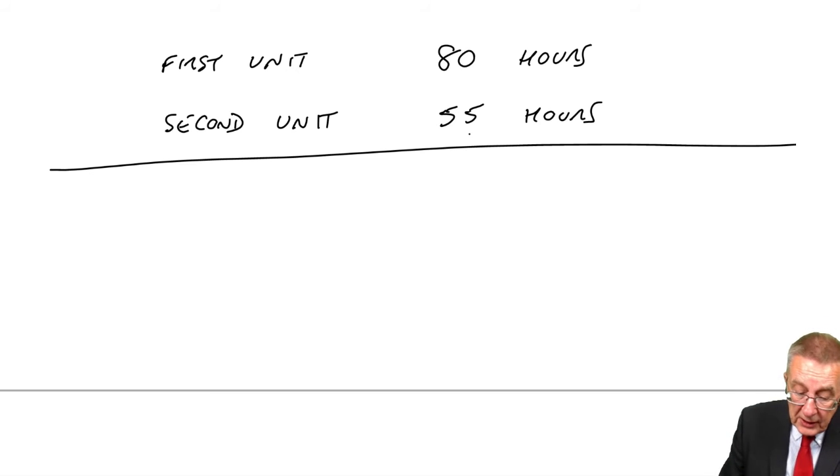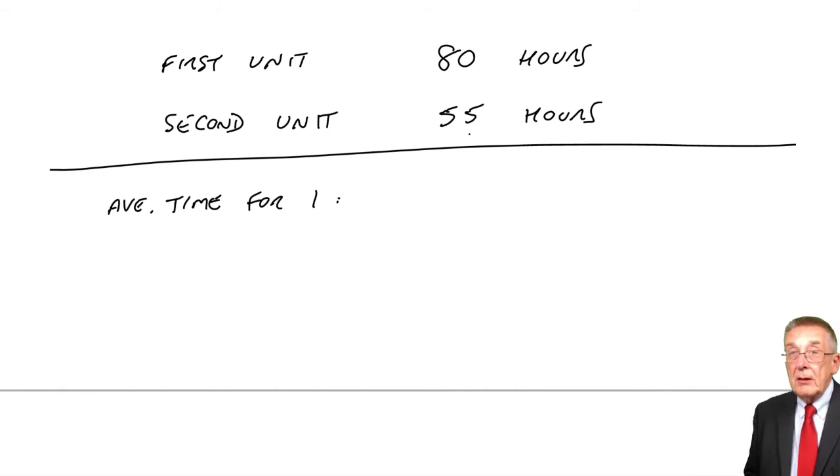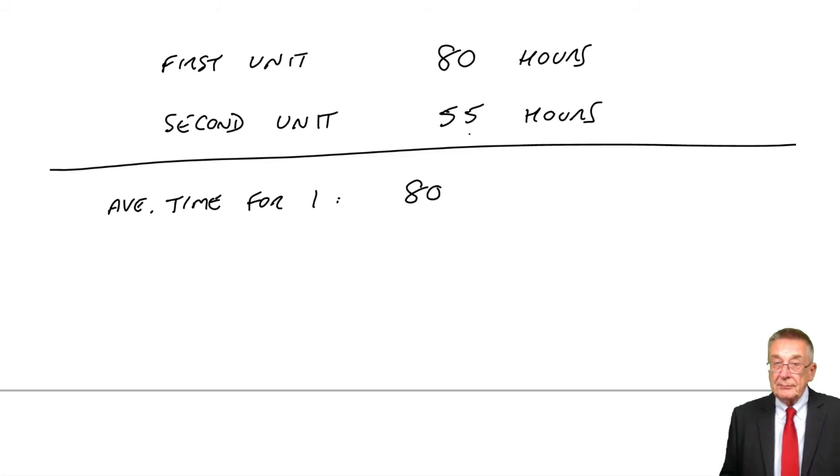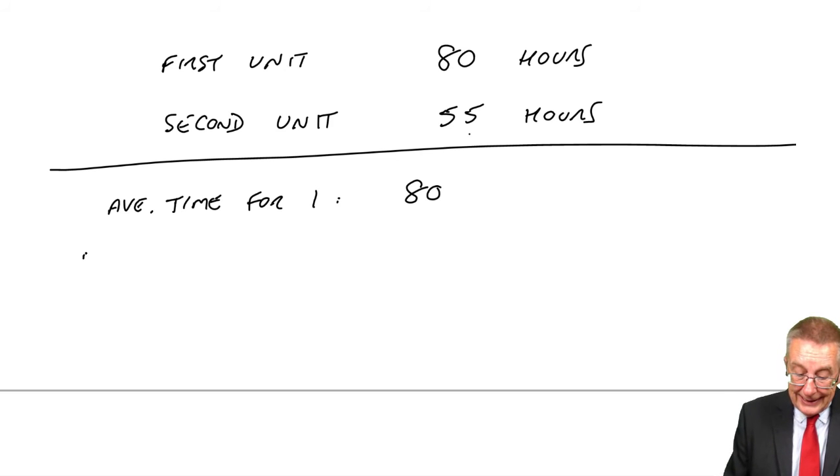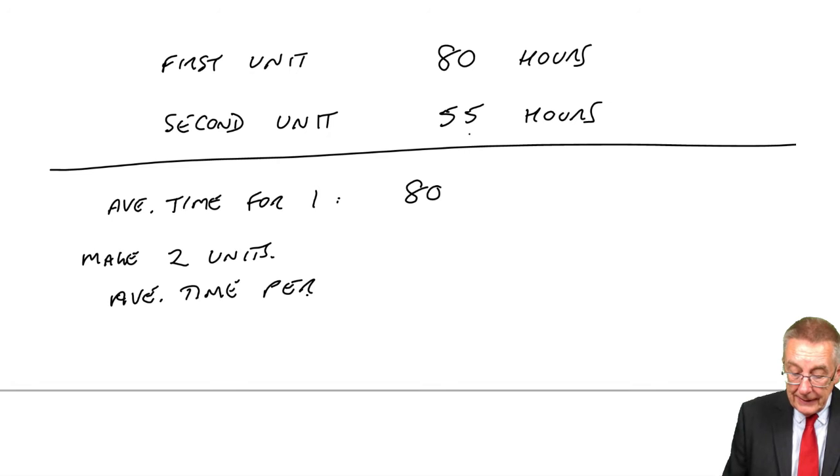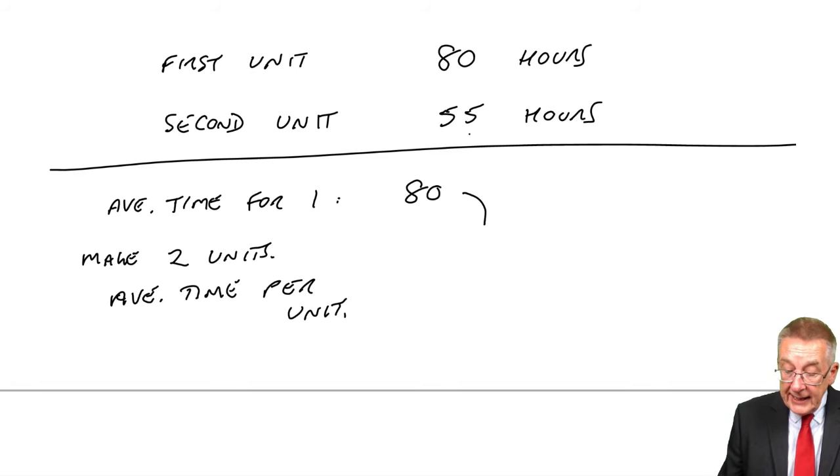Remember how the learning rule works. The average time for one unit, one unit takes 80 hours, the average time is 80. If we double up and make 2 units, then the average time per unit will be 80 times the learning rate.